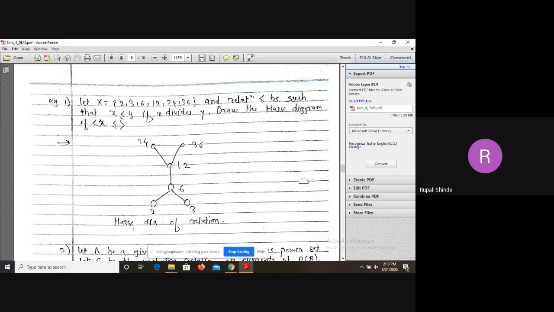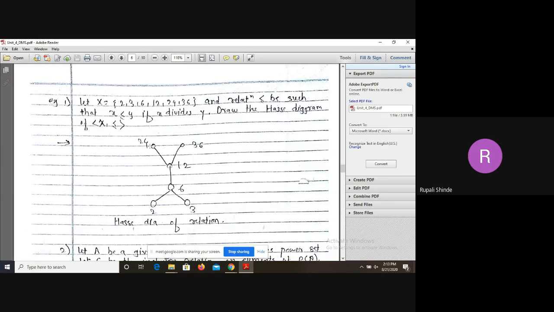Okay. Now next one is 24. So here 12 divides 24 and next one is 36. So 12 divides 36. So if you observe here, 24 and 36 are the highest elements. For 24: 2, 6, 12 and 24.